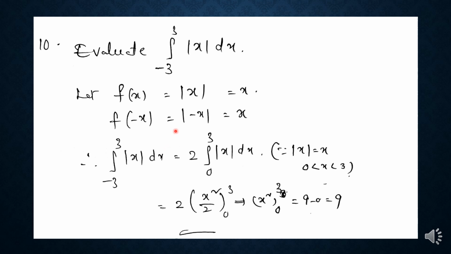So here the given function mod x is an even function, so the given integral can be written as 2 into integral 0 to 3 mod x dx, that means 2 into integral 0 to 3 x dx, that is 2 into x square by 2 from 0 to 3. The 2 is cancelled, x square from 0 to 3 means 3 square minus 0, that is 9. So this is the value of the given integral.